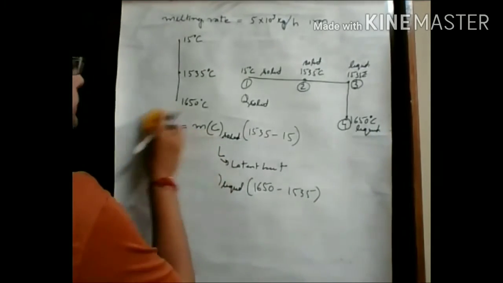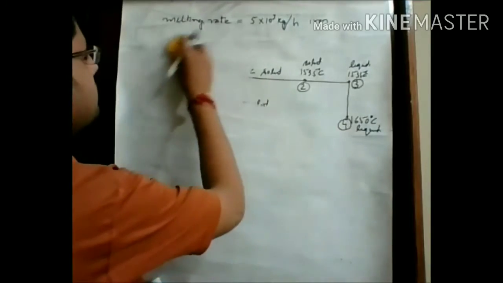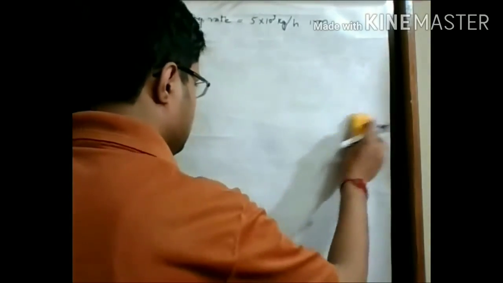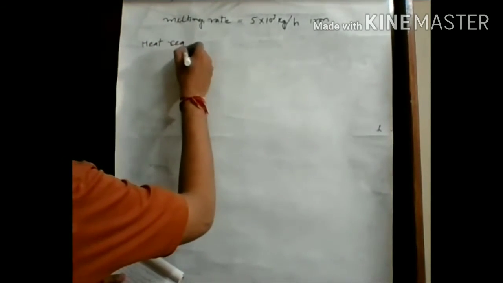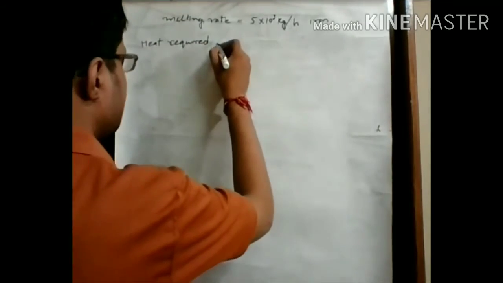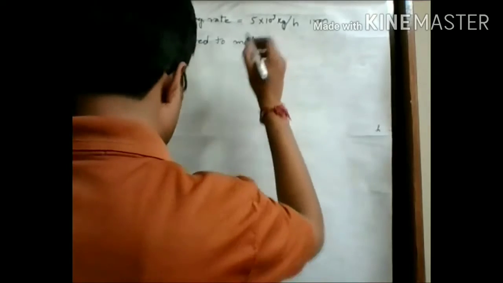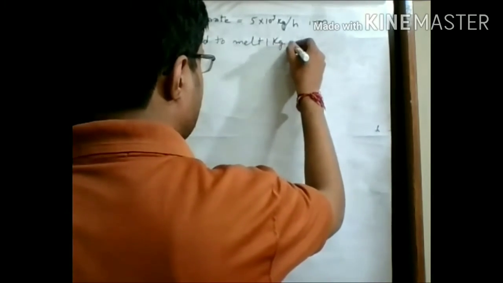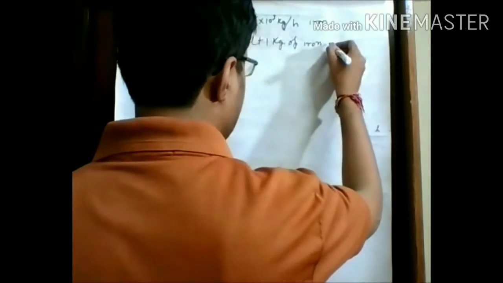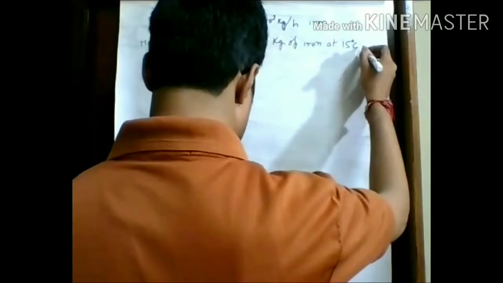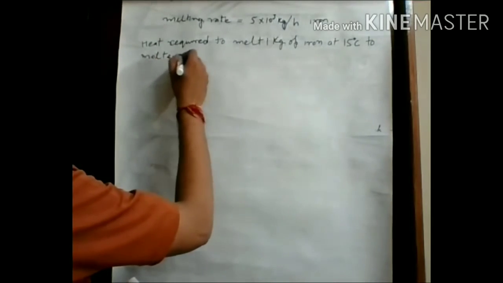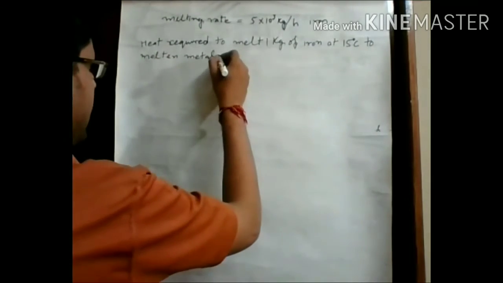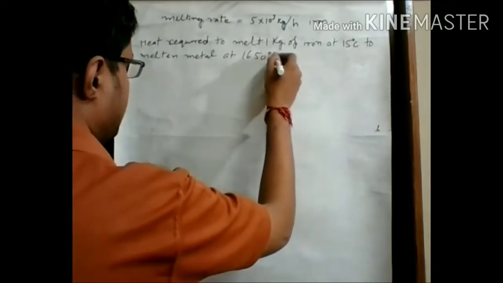See, that is the heat required to melt 1 kg of iron at 15 degrees centigrade to molten metal at 1650 degrees centigrade.